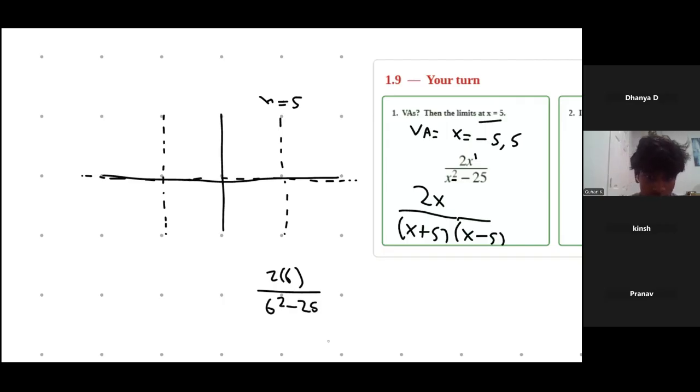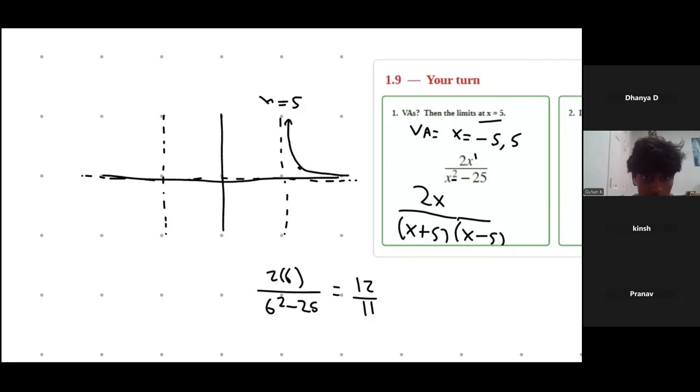So 12 over 11, since 2 times 6 is 12. That's our point for x equals 6. So that's going to be somewhere like there. Okay, good. So now we know that this graph is positive, and it's going to be following our asymptote. So we can't have any points like here. Now we just follow our asymptotes.